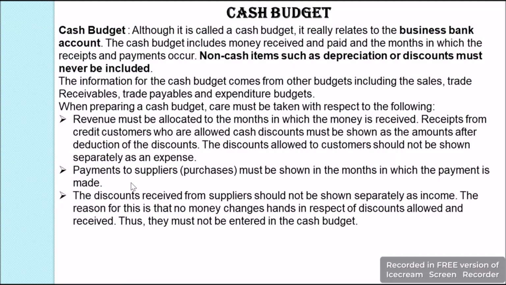Furthermore, the payments to suppliers must be shown in the month in which they are paid, and the discount received from the supplier will not be shown as a separate income. The reason is here there is no exchange of money, hence we are not going to show the discount allowed or discount received in our cash budget.